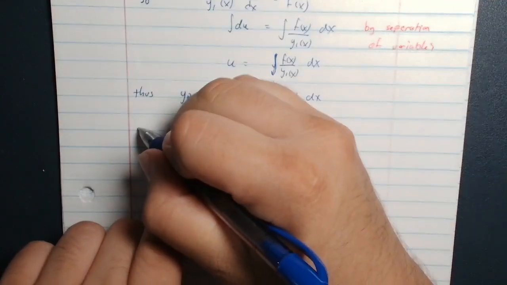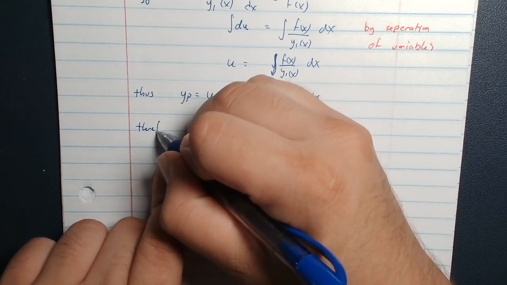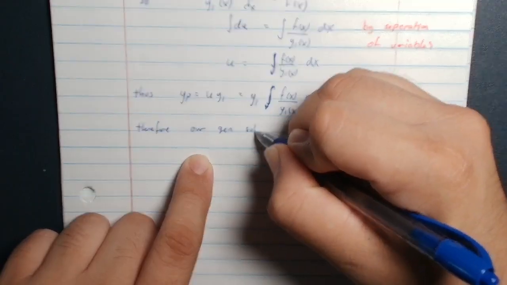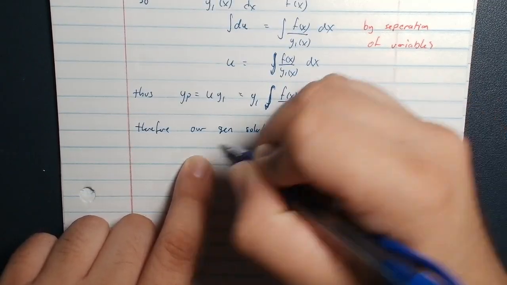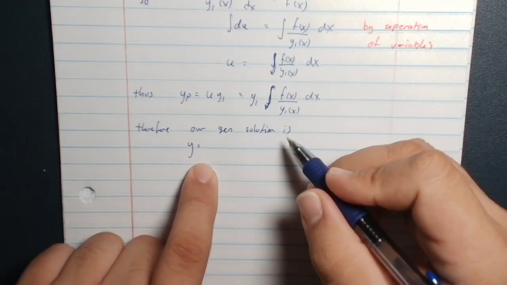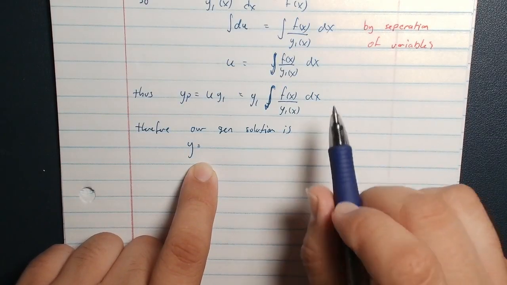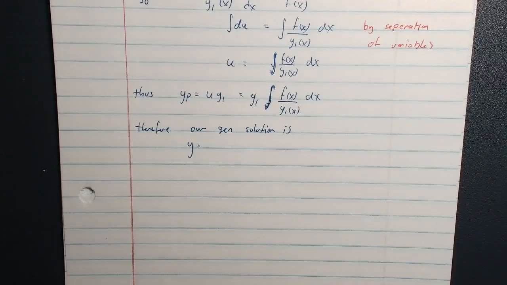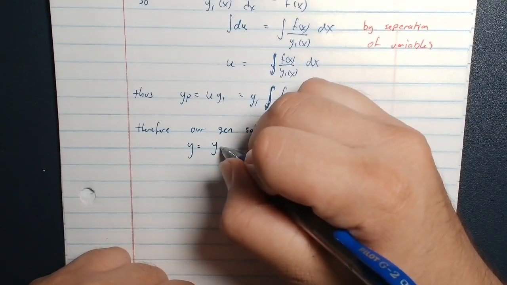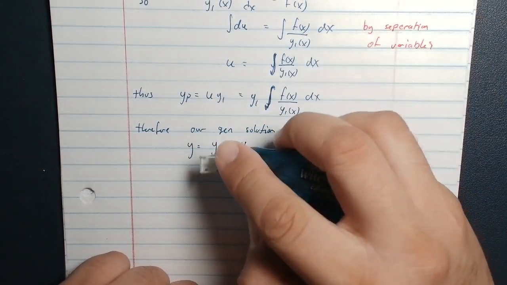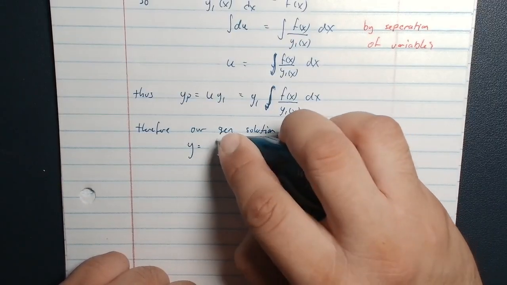Thus, our general solution is going to look like y equals our complementary solution plus our particular solution, which we now have. That is to say, y sub c plus, well, let me write that using the y1 that I have already.